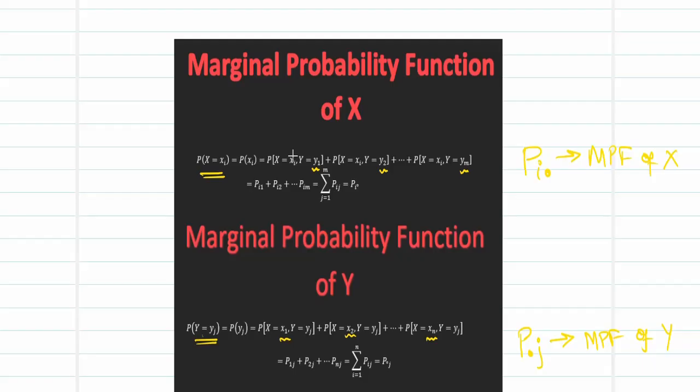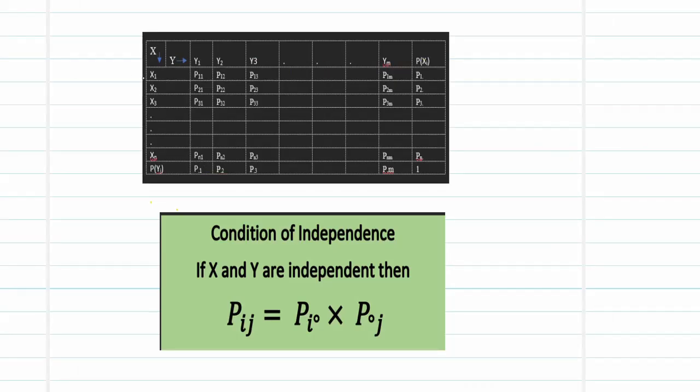Now if we are going to apply this to the matrix or the table which we just defined, then what will happen? We will have x1. This x1 is fixed, considering the variation of y1 varying, y2 varying, y3 varying, and so on, yn varying. So you define your p1 dot.